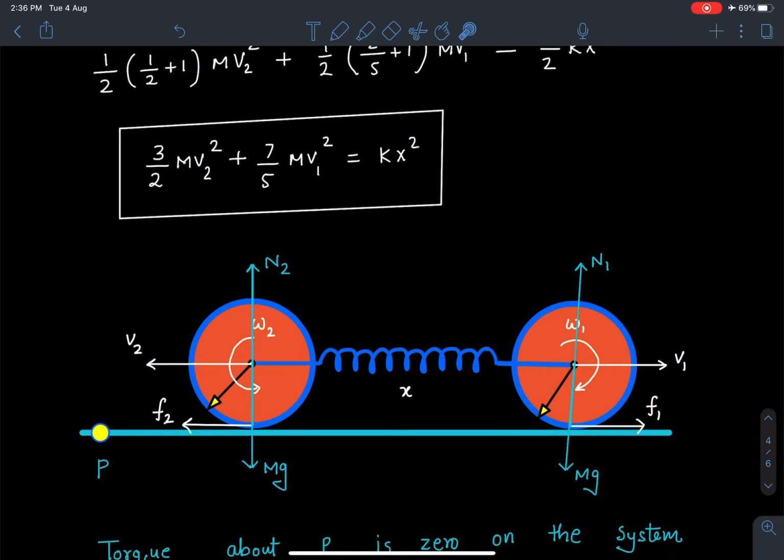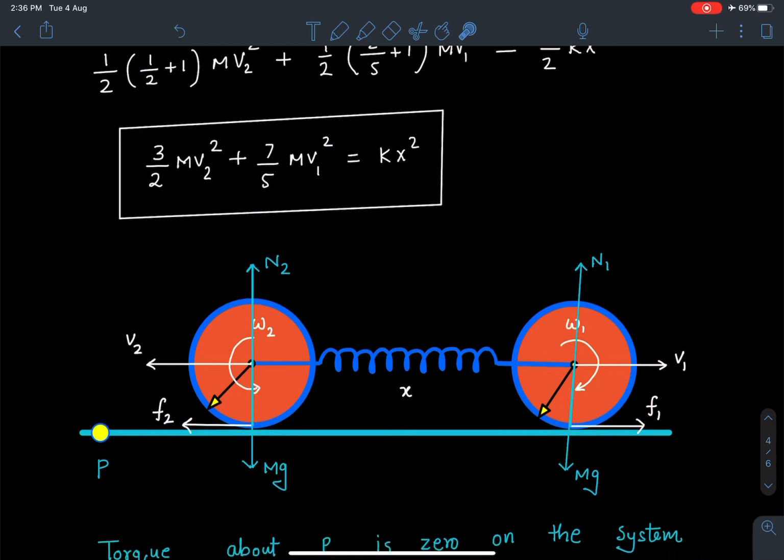Why I require this, I'll just tell you. See, I have obtained this equation earlier by k max is equal to u max, and here I have to relate v1 and v2. So v1 v2 relation I have already, and I have to find x.